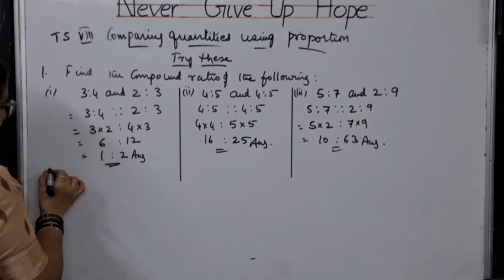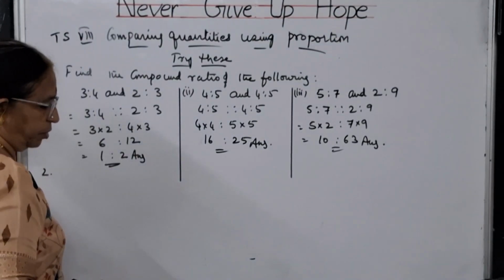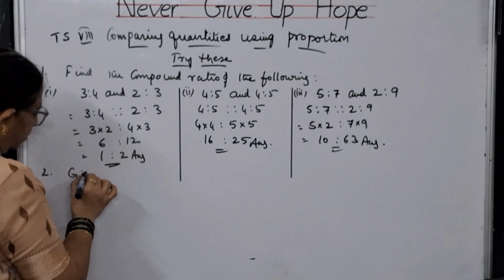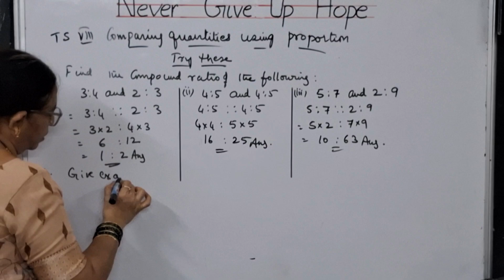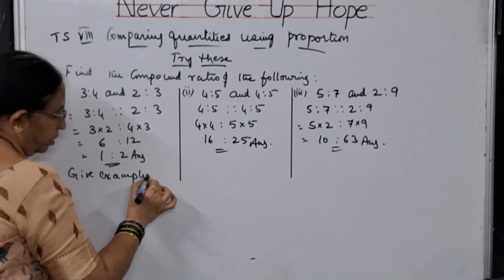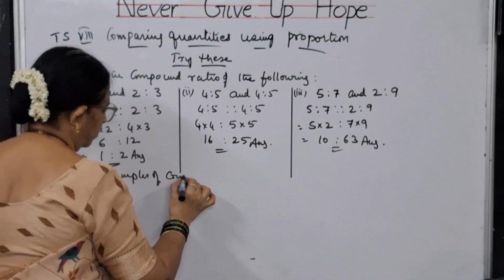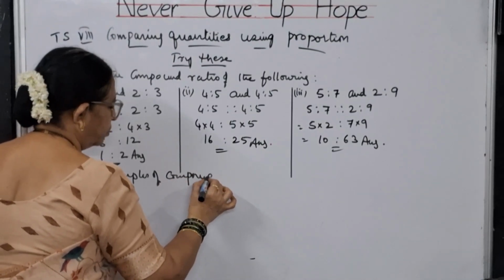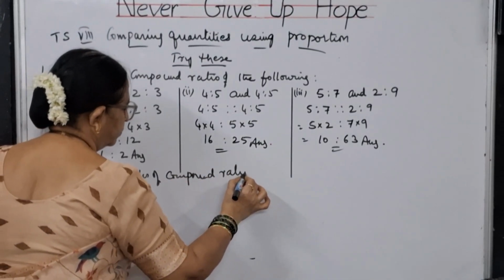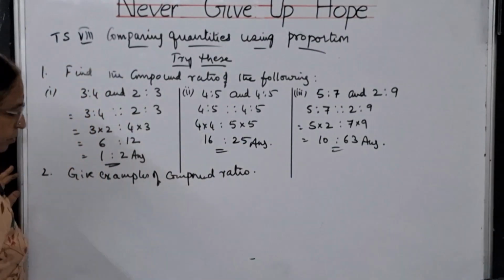This is the first problem. And second problem, give examples of compound ratio. So how will you give examples?